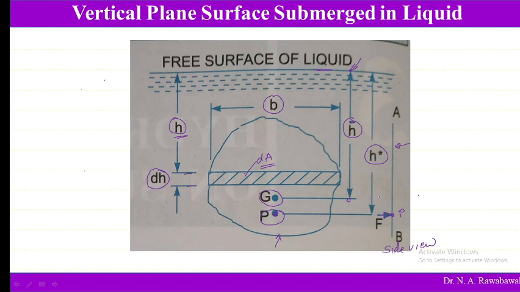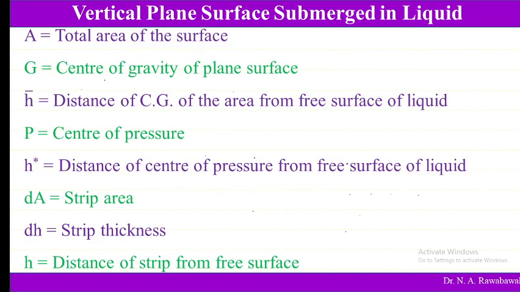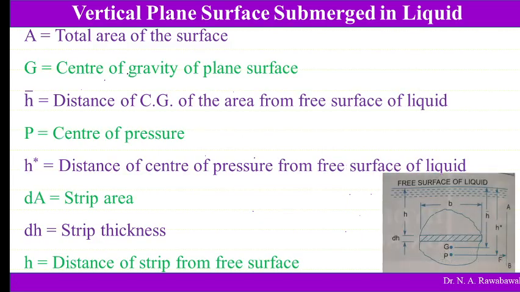Now we will see the nomenclature, where b is the width of this plane. A is the total area of the surface.